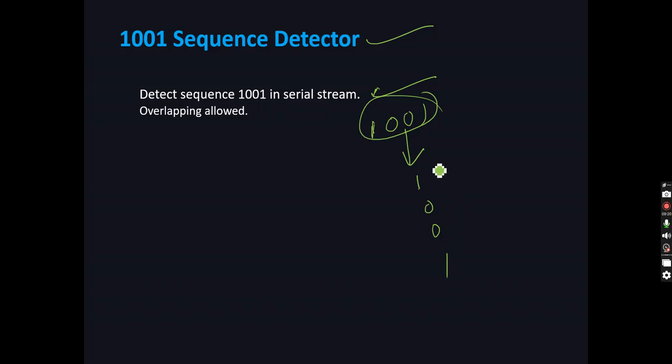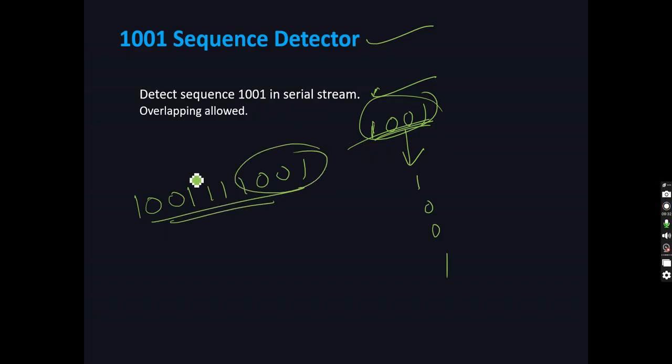Let's take our input to be 100111000. In that sequence, how many times did 1001 come? That is what this FSM is going to detect.